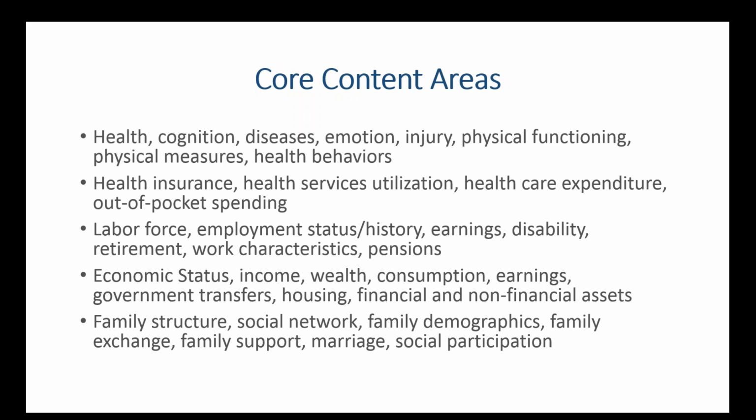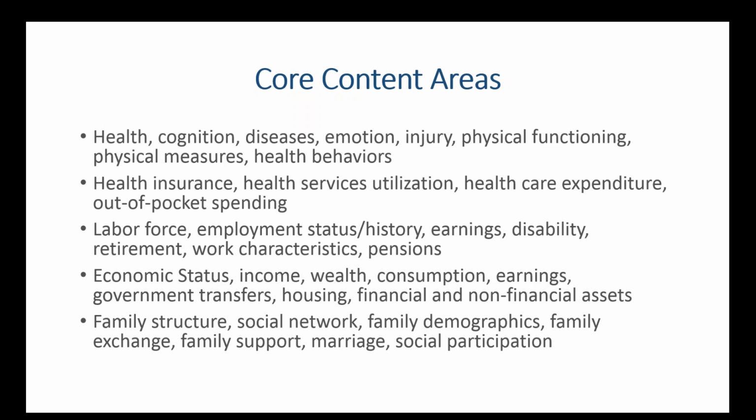Economists often use this set of data sets because there's really a wealth of economic data. Those include things like consumption, earnings, government transfers, housing, non-financial assets. And then there's also a set of questions which usually focus on some of the social things that might be going on in someone's life.